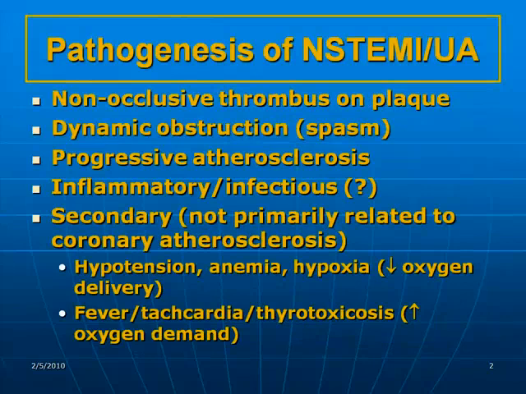The contents of the plaque, which is a lipid, collagen, smooth muscle cell mixture, is extruded into the lumen of the coronary artery, and that obviously stimulates clot formation. And it's the combination of the contents of the plaque rupture and the clot that blocks blood flow.